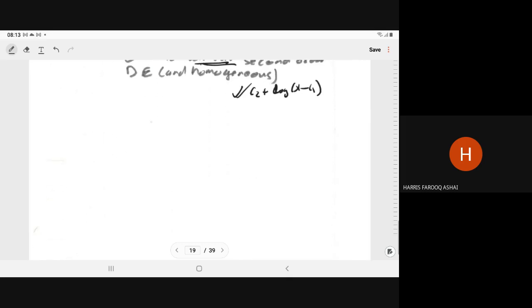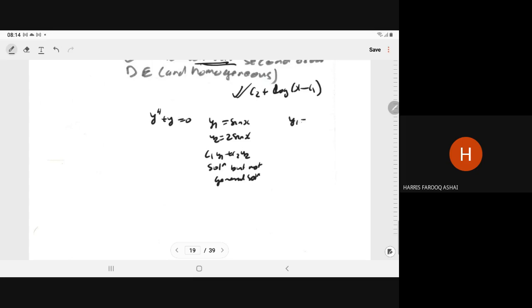In the previous class, I told you, if we have the equation y double dash plus y is equal to 0, with y1 equal to sin x, and let us assume y2 is equal to 2 sin x, then c1 y1 plus c2 y2 is also a solution, but not a general solution.